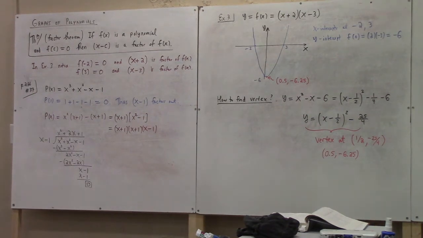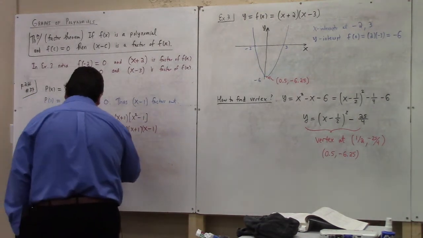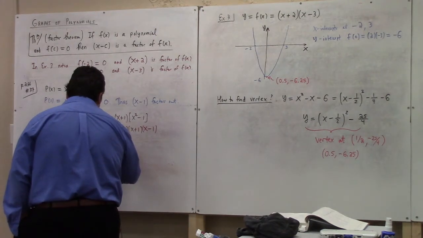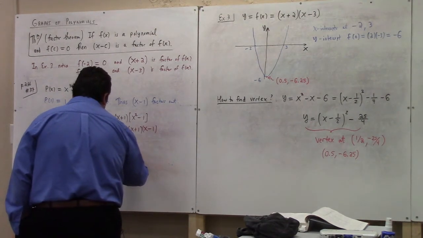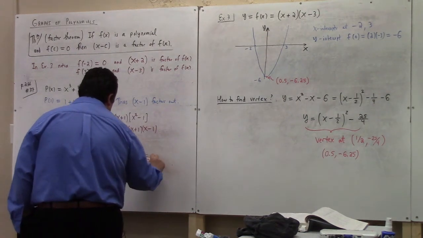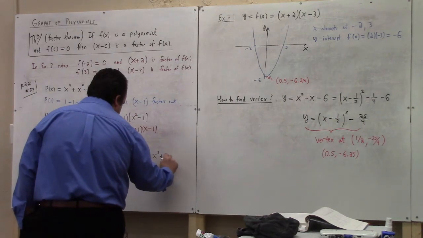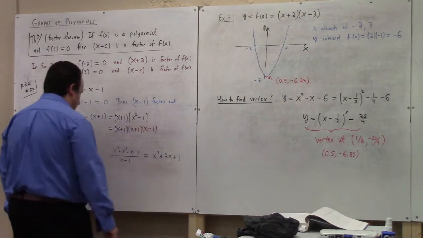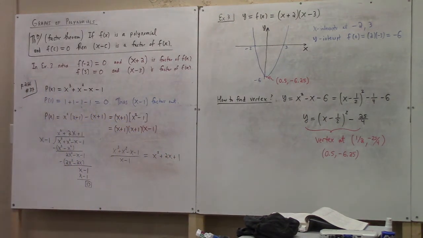If it's a factor, there should be no remainder. And so what this calculation shows you is that x cubed plus x squared minus x minus 1 divided by x minus 1 is equal to x squared plus 2x plus 1. You see how that helps us? We multiply x minus 1 to the other side, and it gives us what?